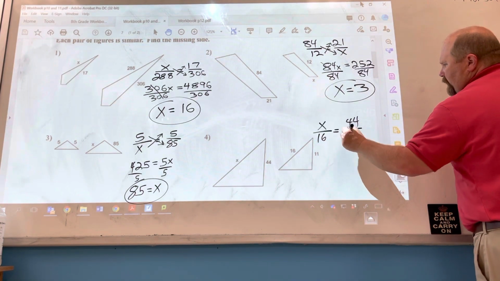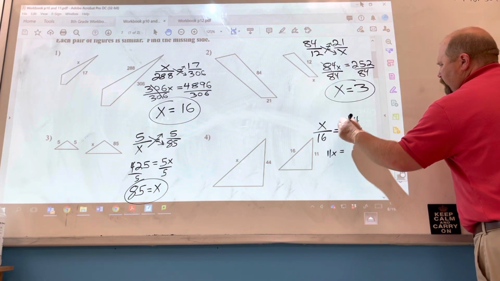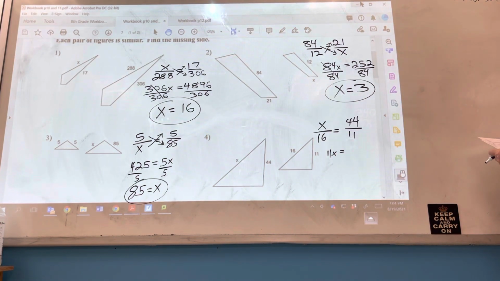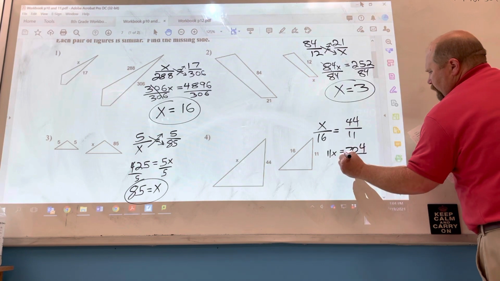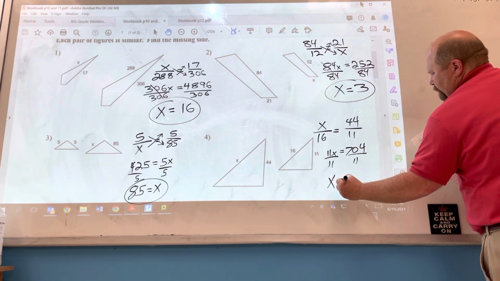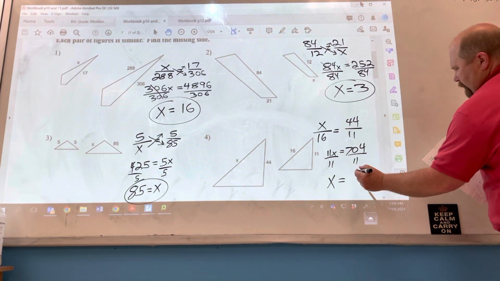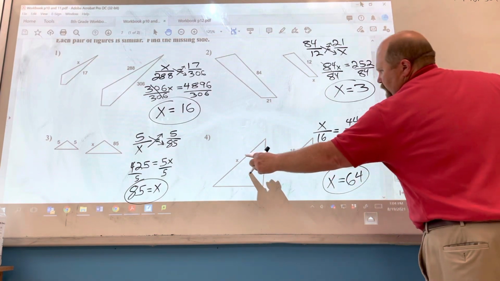So x times 11 is 11x. 16 times 44 is 704. Divide both sides by 11 to solve for x. And we find out that the answer is 64. So the missing piece is 64.